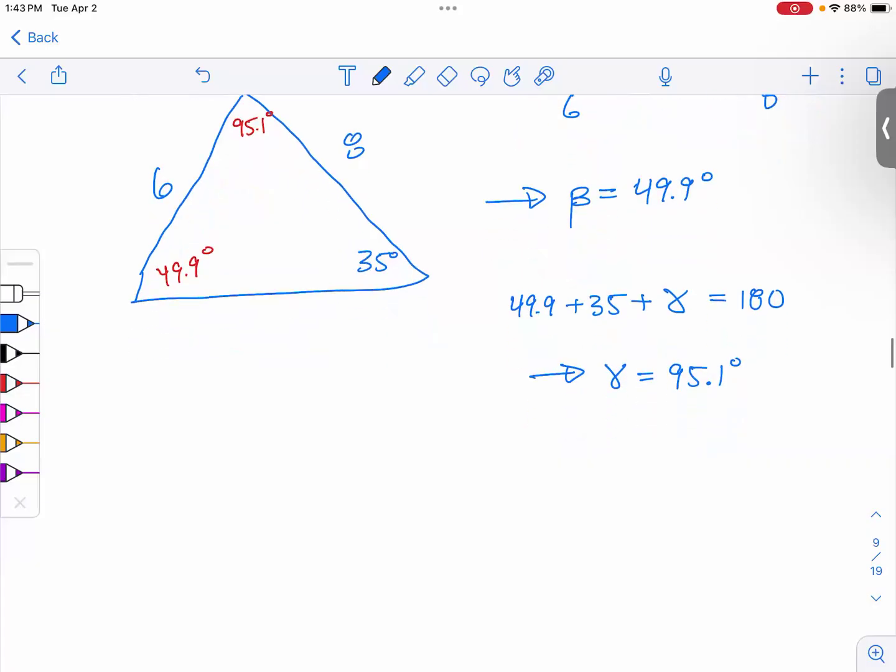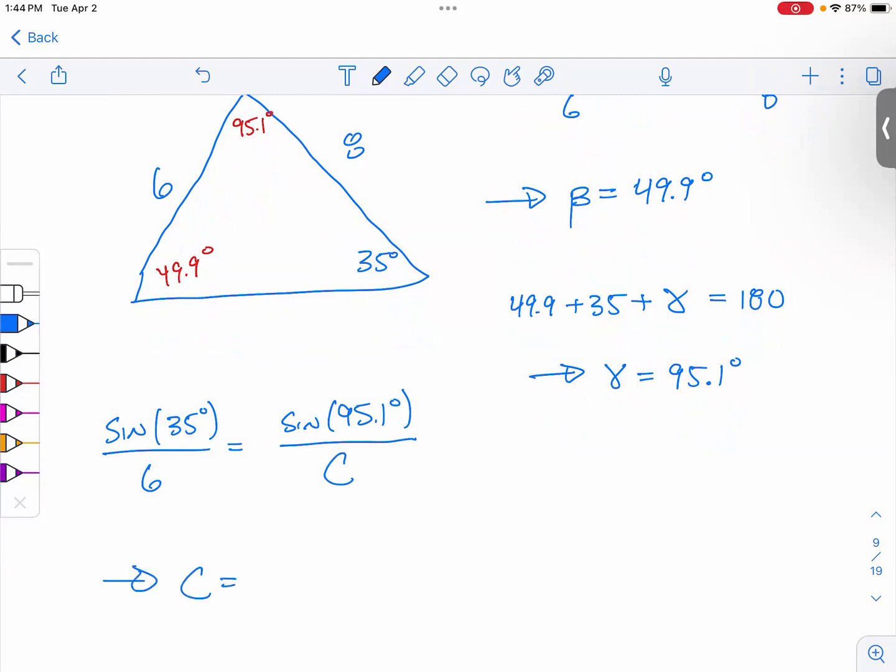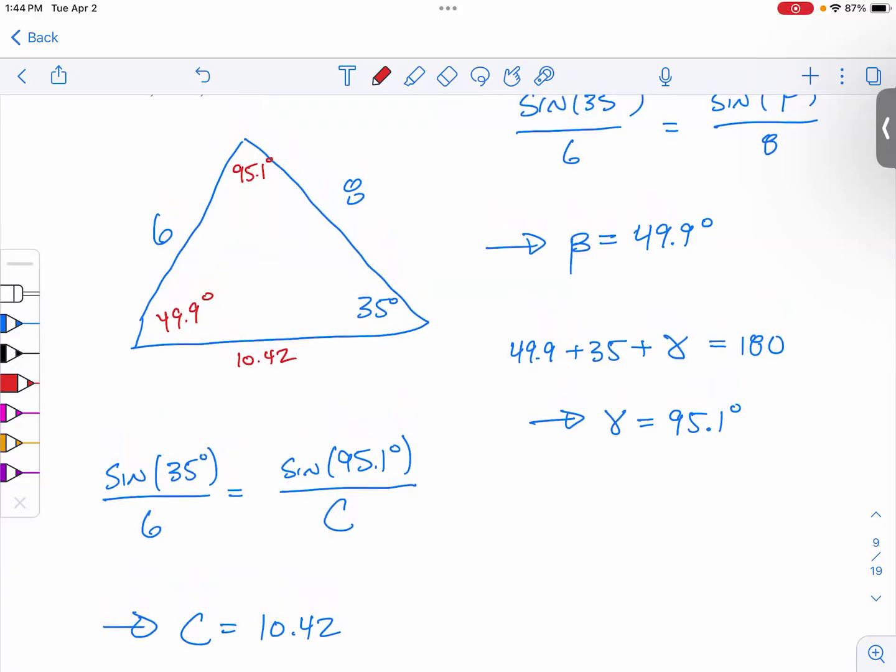And one last time, law of sines. Once I have everything filled in, and again, this level of calculation, everyone's okay with the calculation occurring, right?